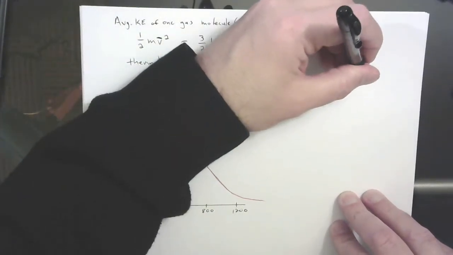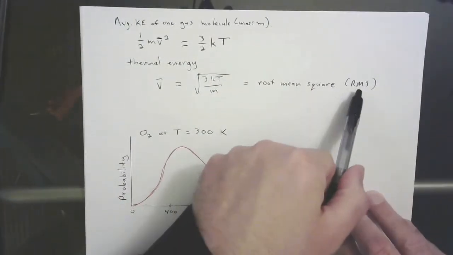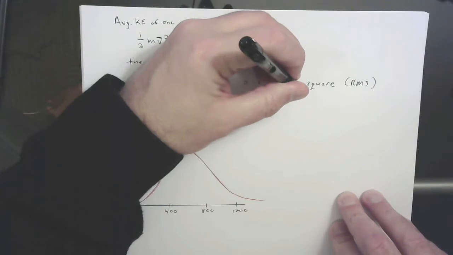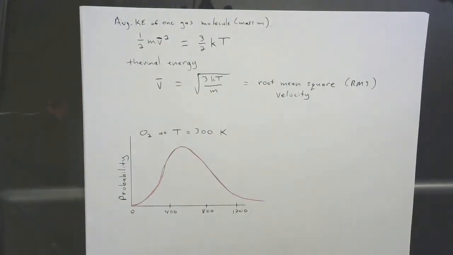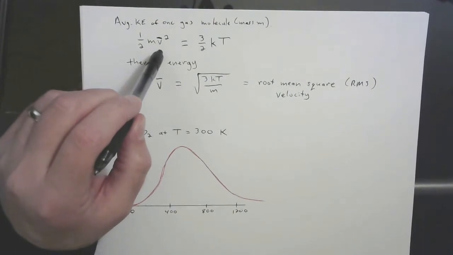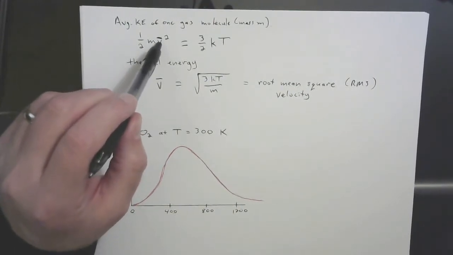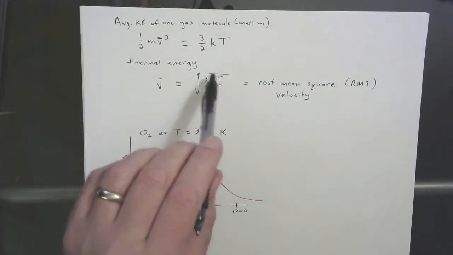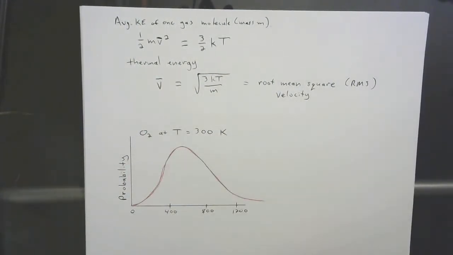That pops up so often we even give it an abbreviation, root mean squared velocity. Because what did we do? We squared it, then we took the average, and then we took the square root. Those three things are encapsulated here.